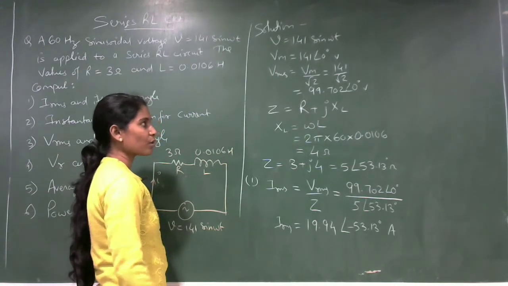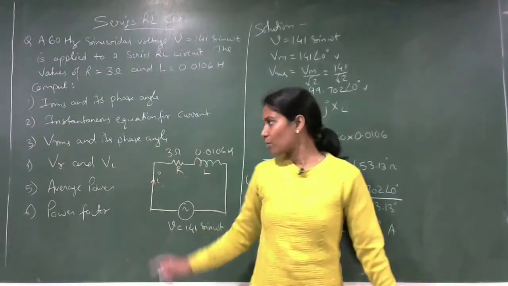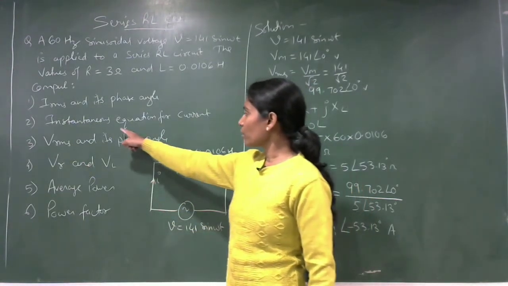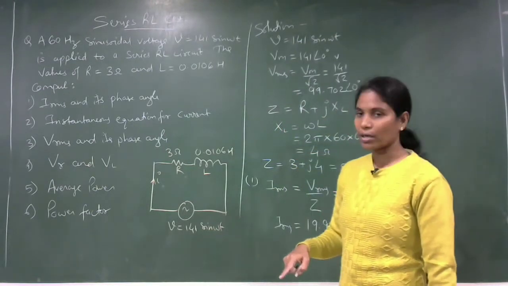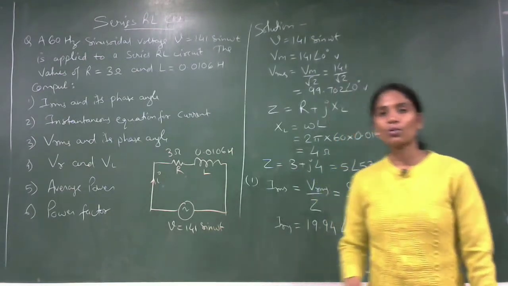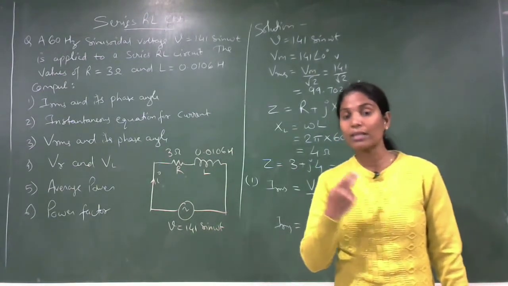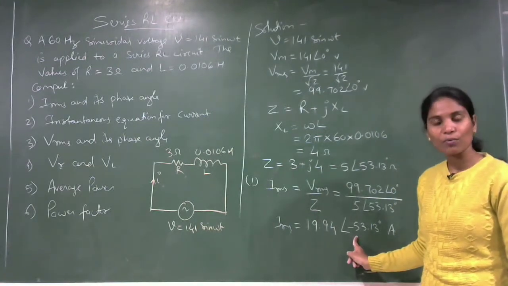Now we can go for the second bit solution. What is the question? The second bit is asking what is the instantaneous equation for current. For the equation formation of current, what should we know? We should know the peak value of current and the phase angle. We got the value of phase angle, that is 53.13 degree.